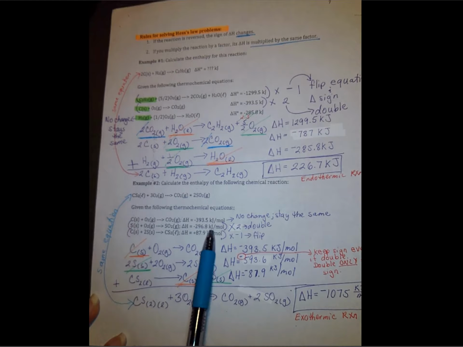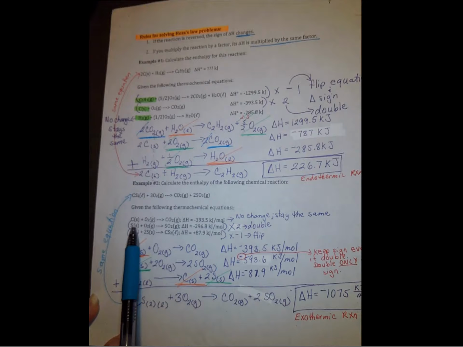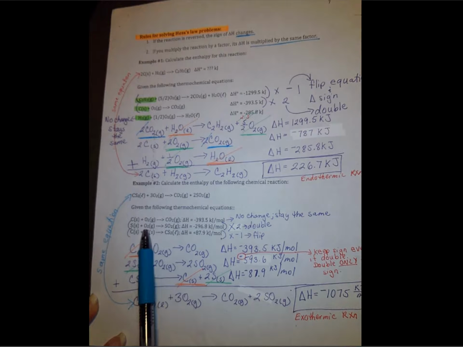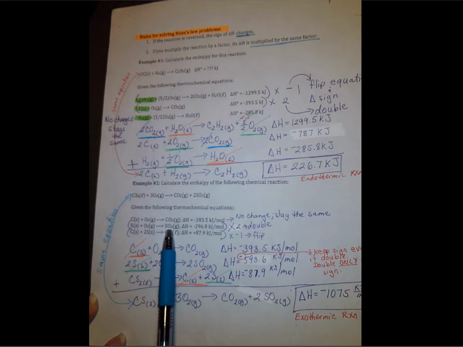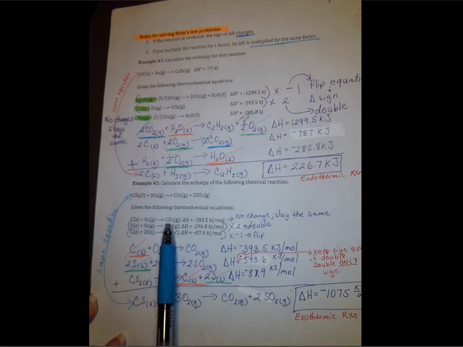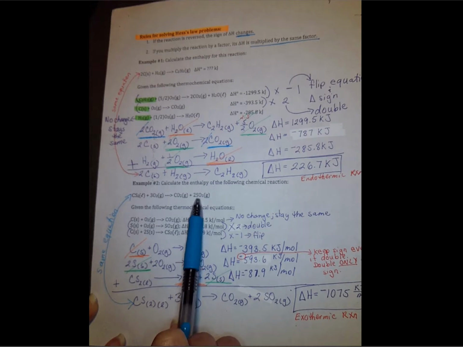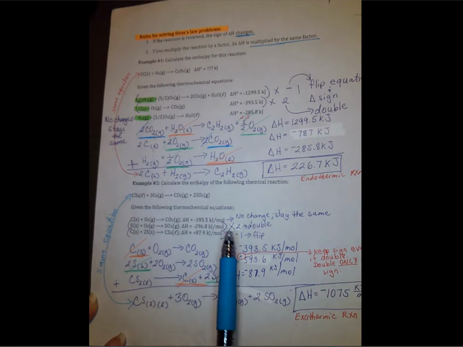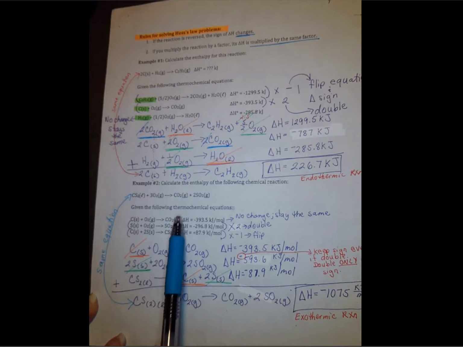Looking at step 2, we've got sulfur that is not part of the equation. We've got oxygen again, but then on the product side we have sulfur dioxide. We have 1 mole of sulfur dioxide on the product side of step 2, but in the original equation we have 2 moles. So even though it's on the product side, the number of moles do not match up.